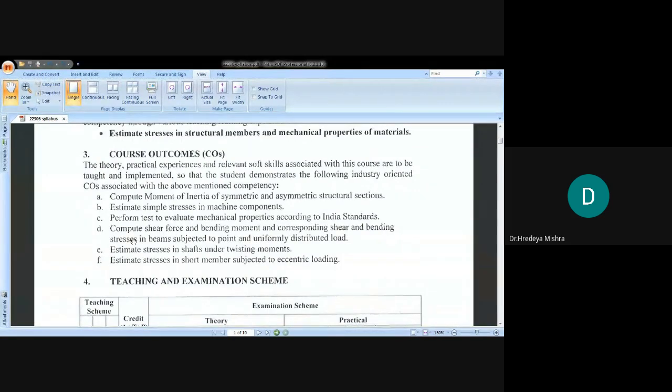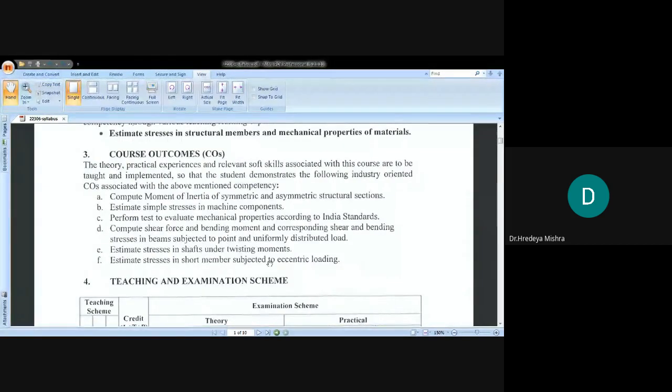Okay. Fourth, compute shear force and bending moment and the corresponding shear and bending stresses in a beam subjected to point and uniformly distributed load. Okay. So point load and uniform.